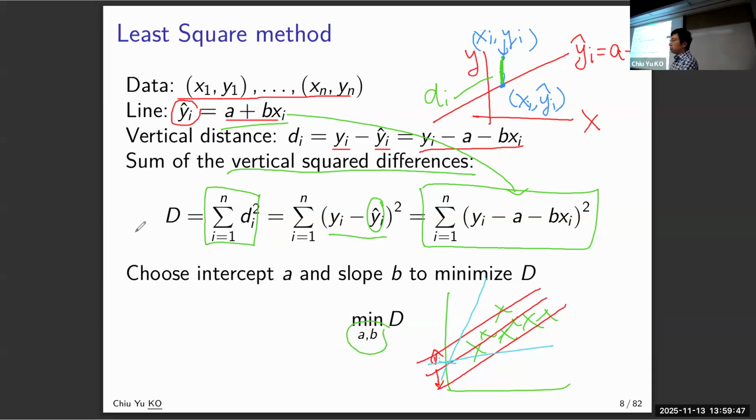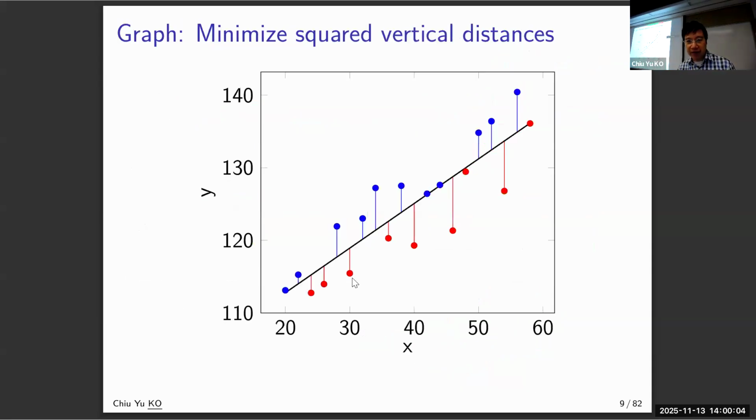You ask your cousin or younger sibling, give them the points, tell them the meaning of the best line, and they can figure out the best one. I'm not going to bother you with the math, but this is what is meant by minimizing the vertical distance.